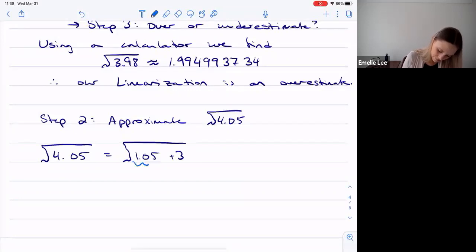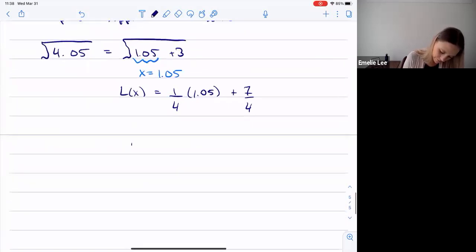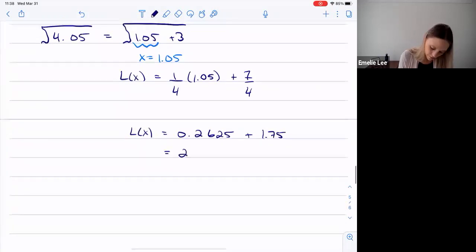So then x must be 1.05. So L of x is going to be 1 over 4 times 1.05 plus 7 over 4. So 1.05 divided by 4 is 0.2625 plus 1.75, putting me at 2.0125.